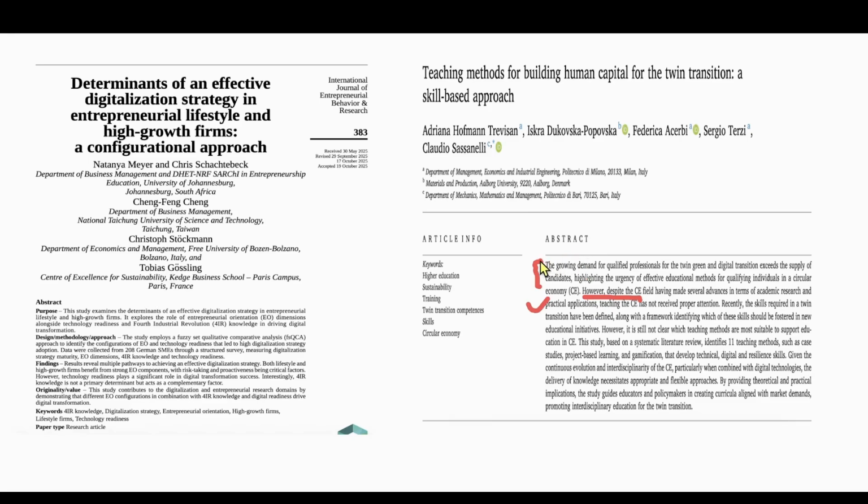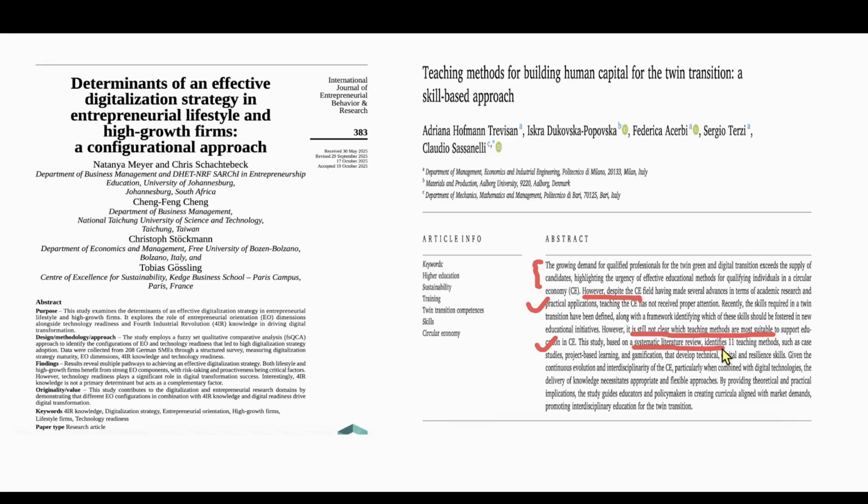Can we see, first the researcher has established the background, then the researcher is saying despite this, the gap exists, and thus it is still not clear which teaching methods are most suitable. Can we see how beautifully the researcher has done it? First setting the background, then despite having all these things, it is still not clear. Then what this study is doing and how they are doing it.